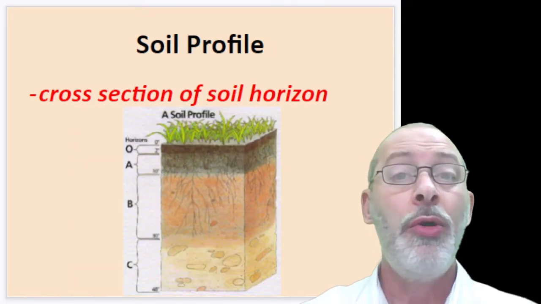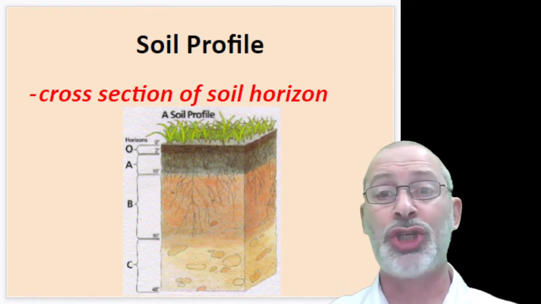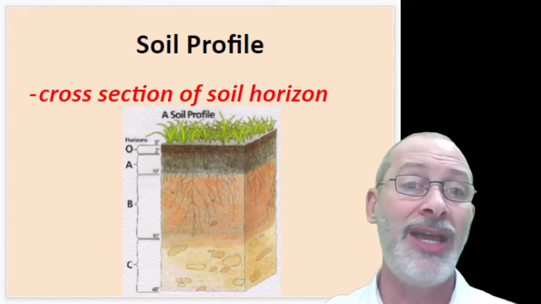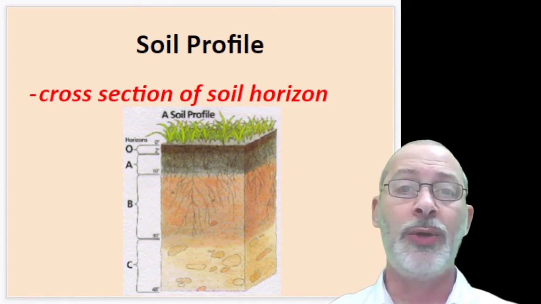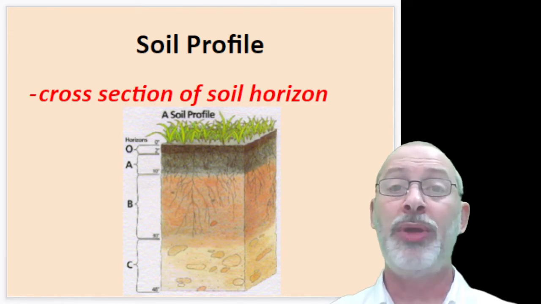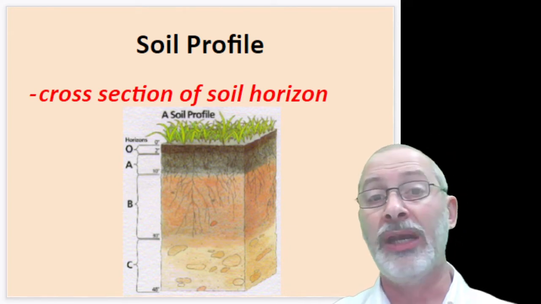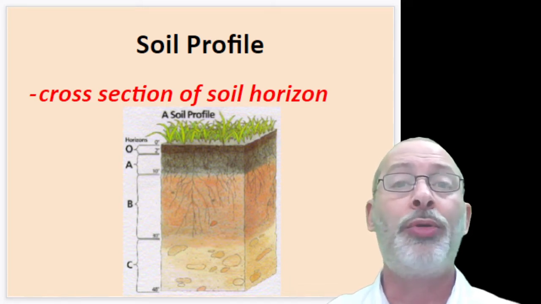Now, a soil profile is a cross section of a soil horizon. So if we dig down deep enough and we want to illustrate that or represent that in a picture, a diagram, an illustration, a drawing, we would call that a soil profile.